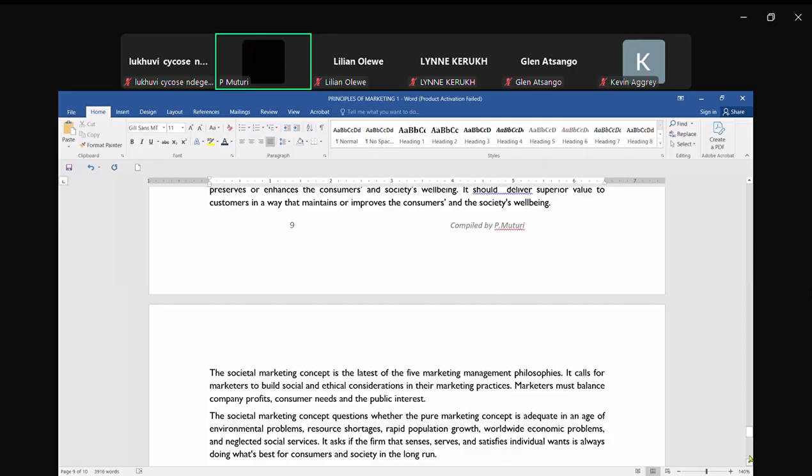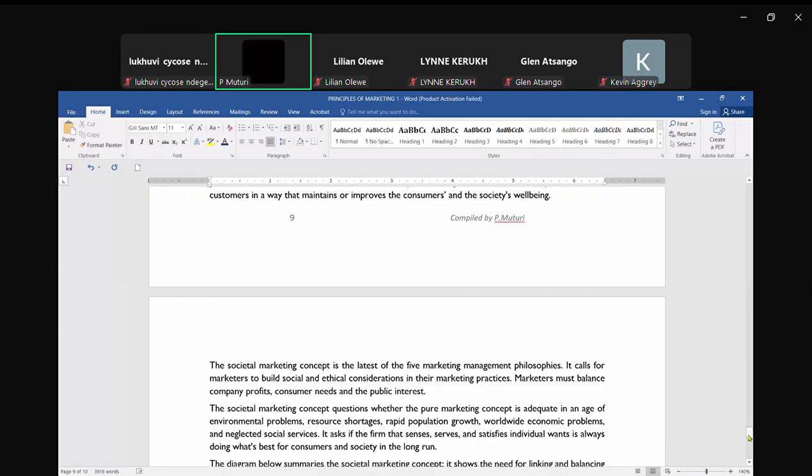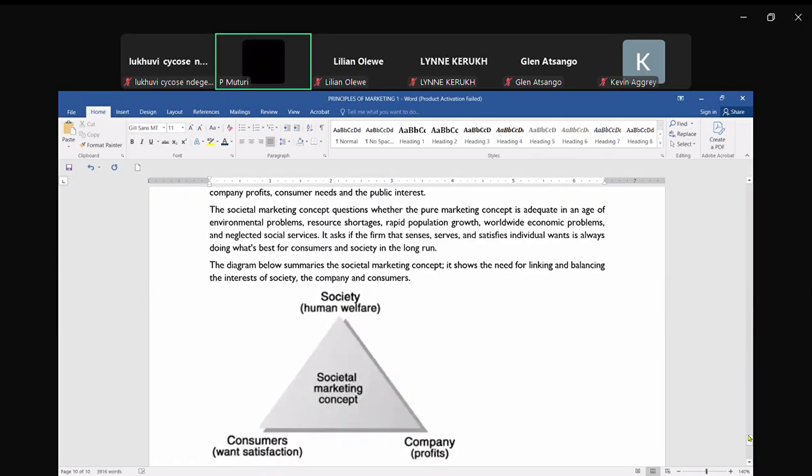And it's something we call, and this diagram here really depicts the societal marketing concept, the societal philosophy.